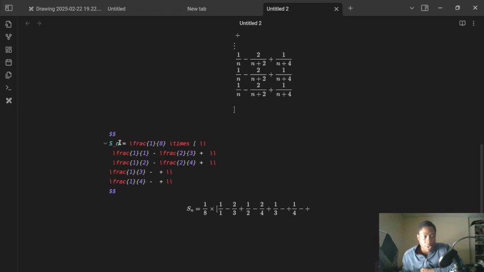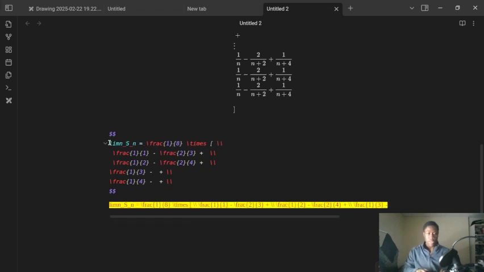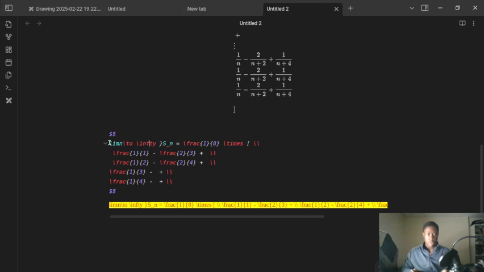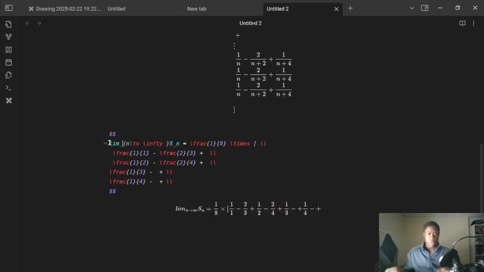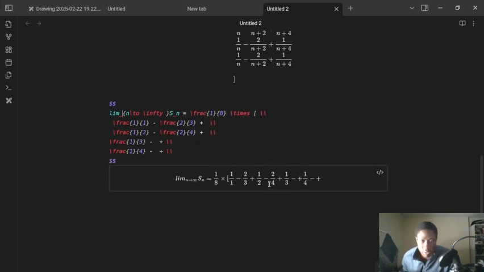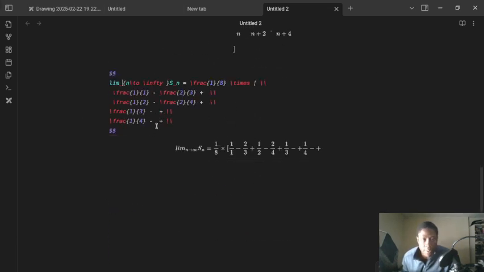This is the limit, that's why I didn't copy the infinity. This is the limit part because all of this as n goes to infinity will go to 0, so I don't need to worry about those. The only terms that are important in the end are what is here. And so we have, well, that. Boom. And that's it. That's the answer.